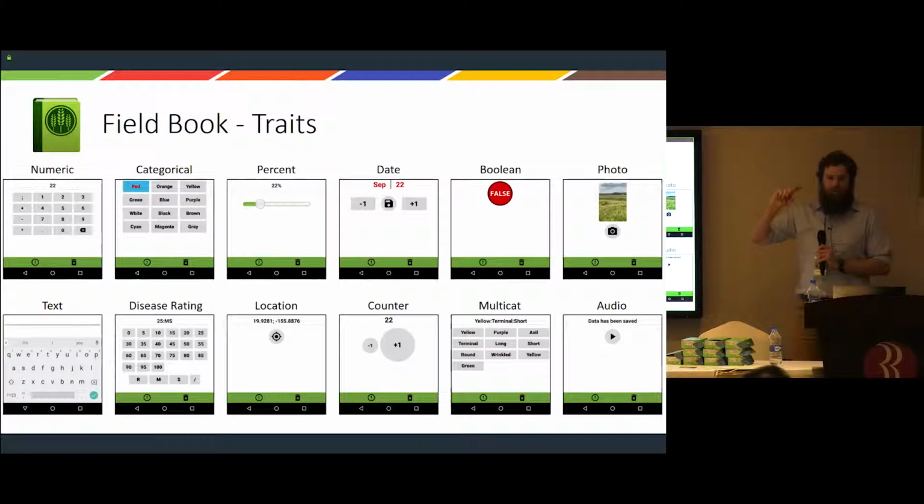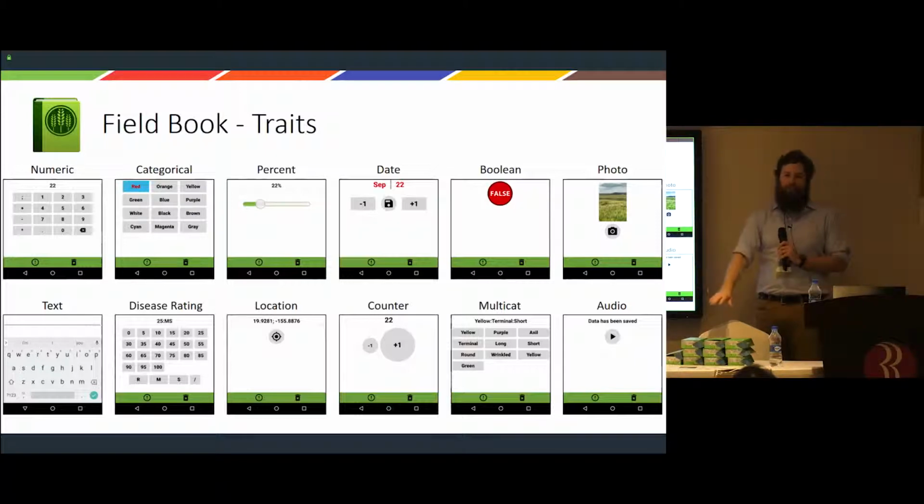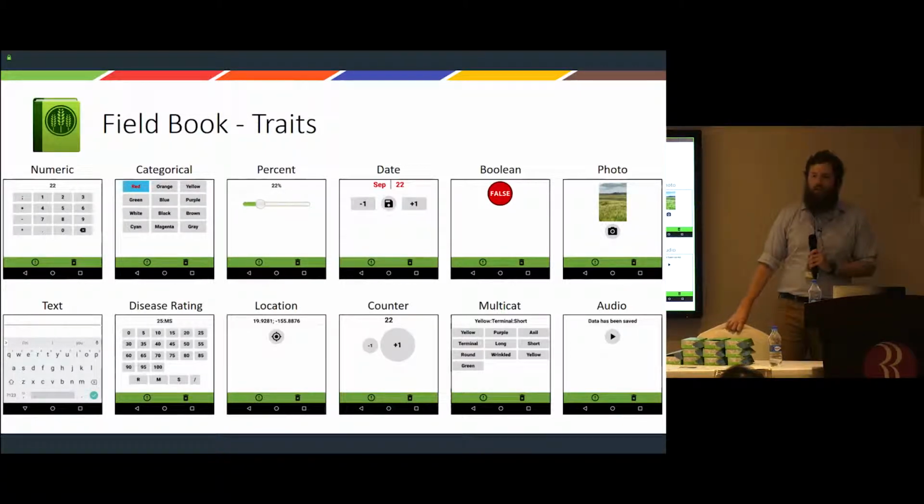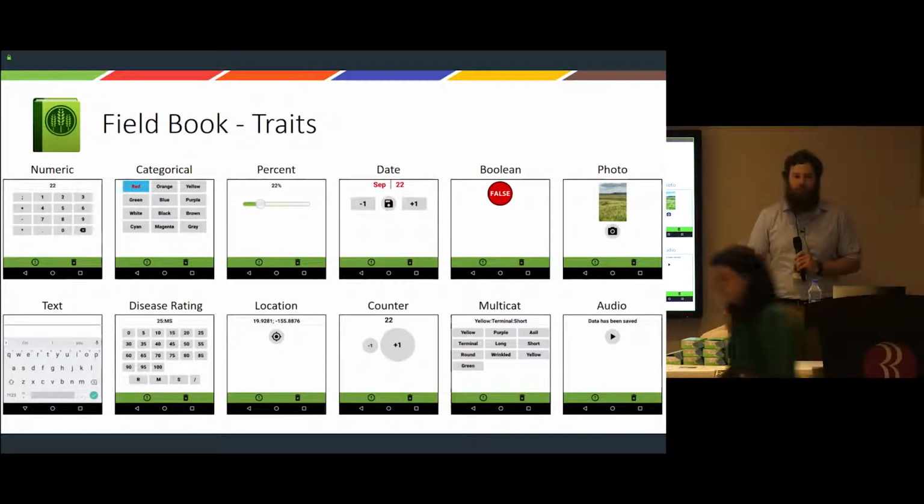Pop quiz for everyone in the room. What's the default multi-cat trait that's included? So this trait right here, what is the background of those? What do you see about those?